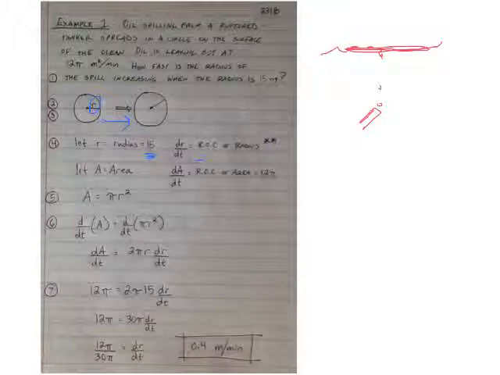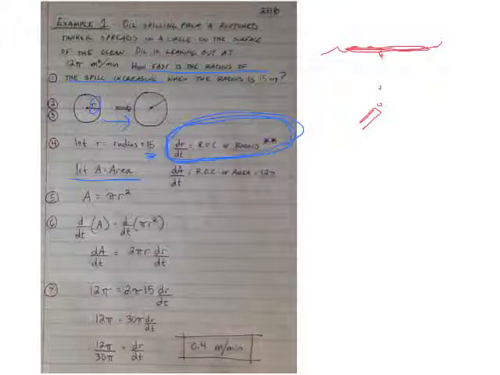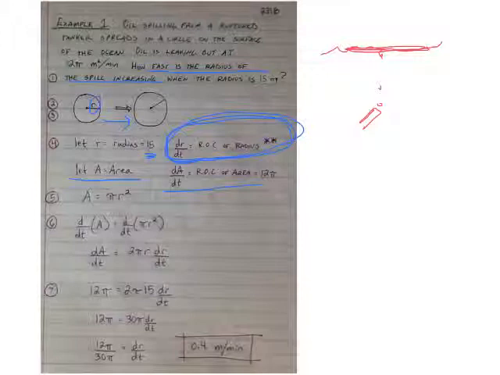I've put an asterisk with dr dt because that's what we're being asked: how fast is the radius of the spill increasing? So that's our goal. That's what we want to figure out. And we also know that the change of the area is 12 pi.